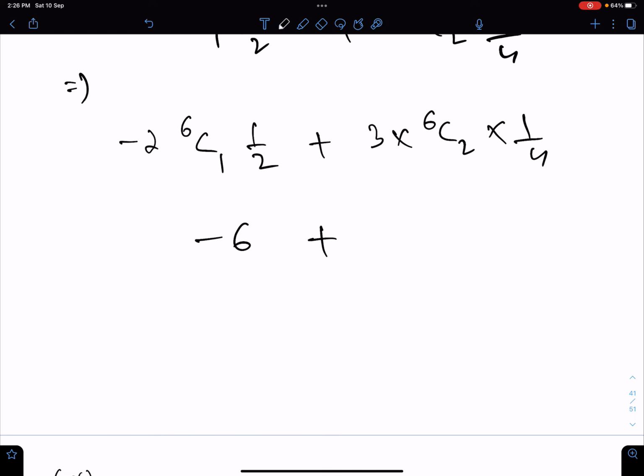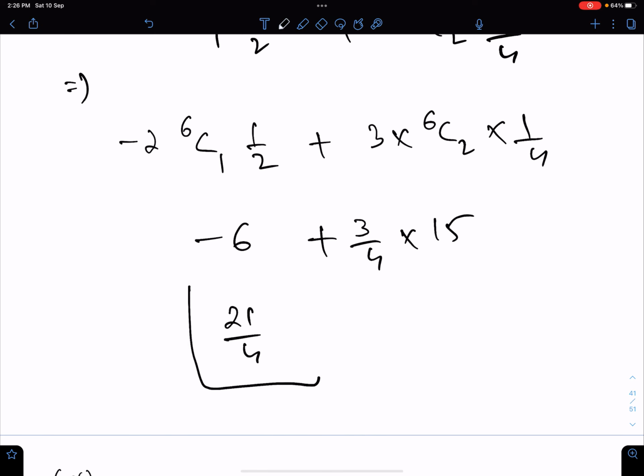And here we have 3 upon 4, 6C2 is 15. So 45 minus 24 is 21. So 21 upon 4. So this is the coefficient of x square.